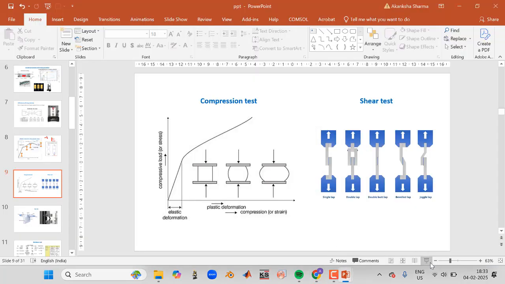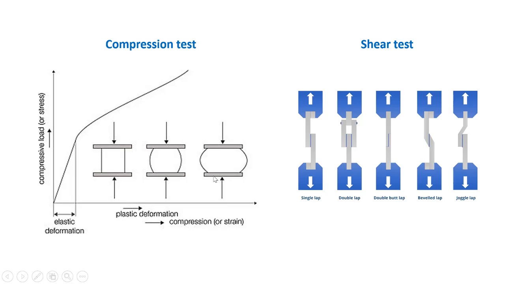Yeah. So I've talked about the compression test. I'll again repeat it. So compression test is similar to tensile but in the opposite direction. So we are compressing the specimen here, and we are getting plastic deformation in the form of bulging. So first at a certain point the elastic deformation will happen.